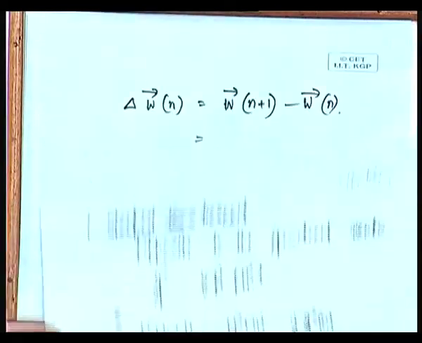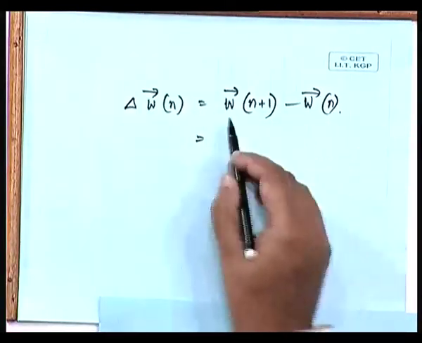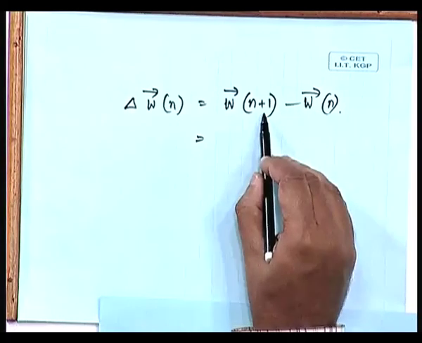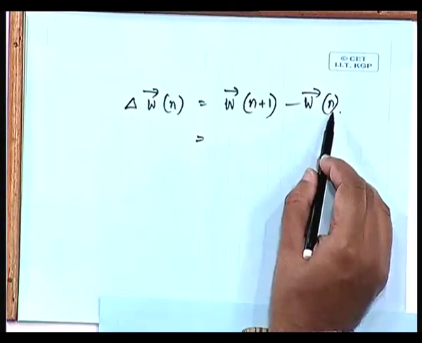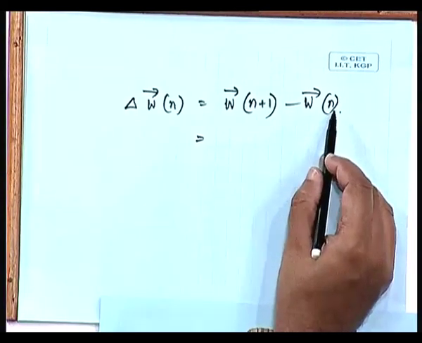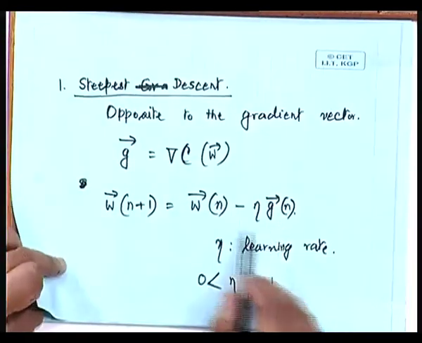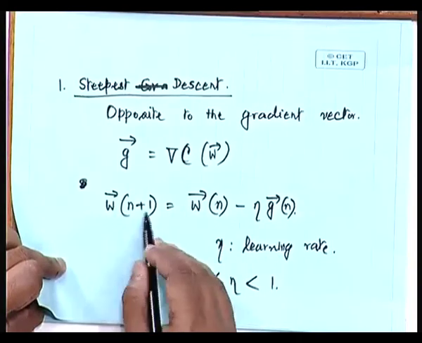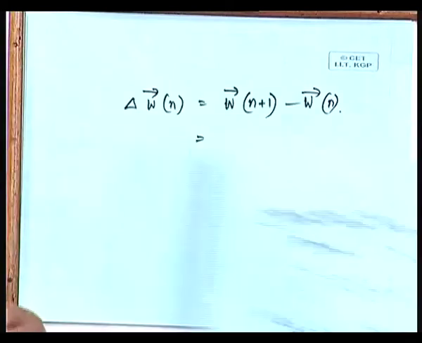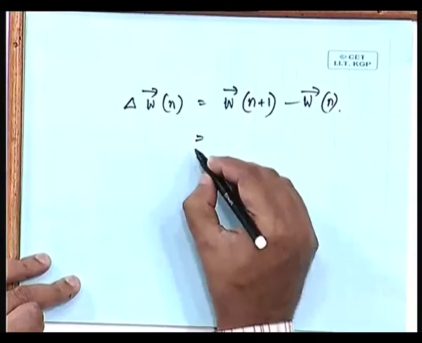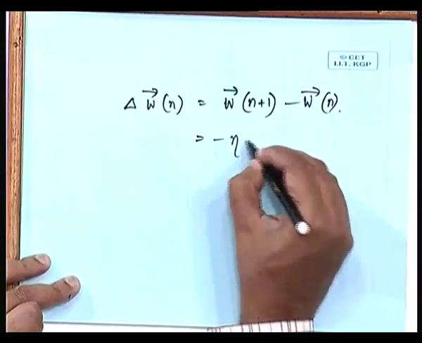This is the change in weight, right. Change in weight is simple, at n plus 1th iteration whatever W was there, from that we have to subtract the weight that was there at the nth iteration, and according to this expression W n plus 1 minus W n is equal to minus eta g n. So, we can simply write this as minus eta g n.